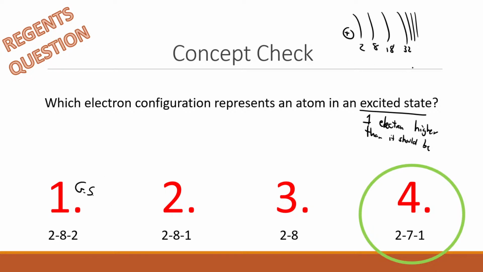That's following what we know. 2, 8, 1, filled, filled, partially filled, also ground state. 2, 8, filled, filled, that is also ground state. But 2, 7, 1, filled, partially filled, that must be our excited state. Because it has 1 electron higher than it should be. It should be 2, 8, 0.